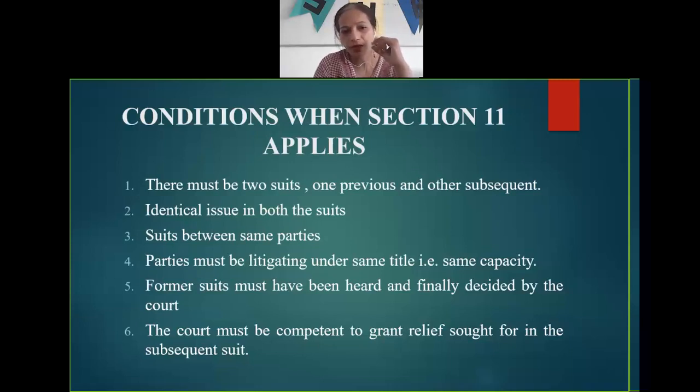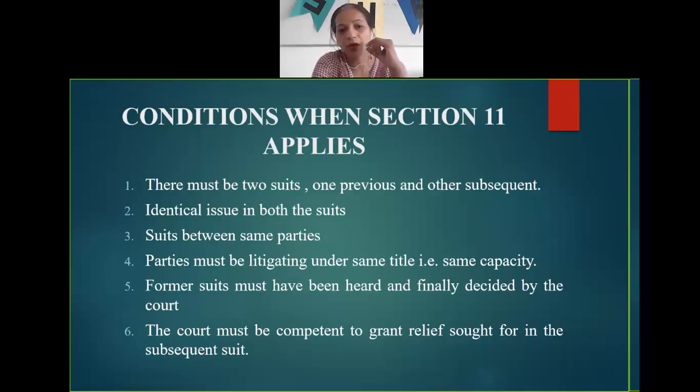Now, the former suit must have been heard and finally decided by the court. In res sub judice, what we have seen is that the former suit was pending, and when the subsequent suit was filed before the court, the party tells the court that a former suit has already been instituted and is pending before the court and not yet decided, and hence we have restricted or stayed the subsequent suit.